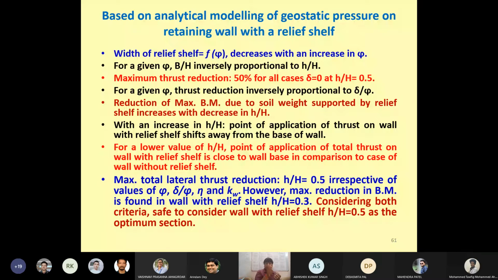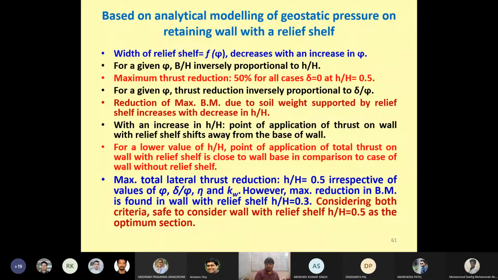And for a given phi of the backfill, B by H, that is the normalized width of relief shelf, is inversely proportional to the position of the relief shelf. Okay, so the maximum thrust reduction we can get is in the range of 50%, and for a given phi value, thrust reduction is inversely proportional to the interface angle between the backfill and the wall.